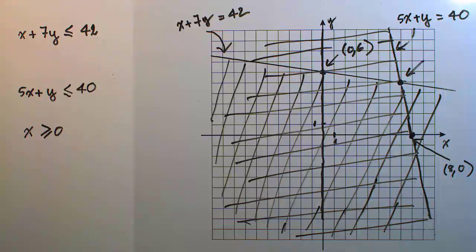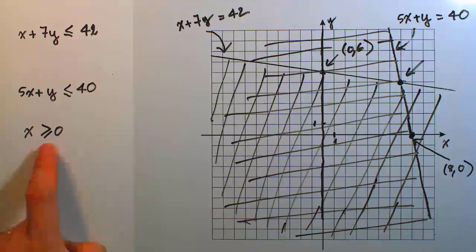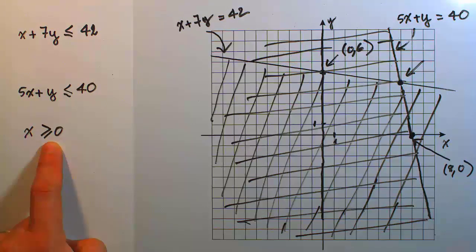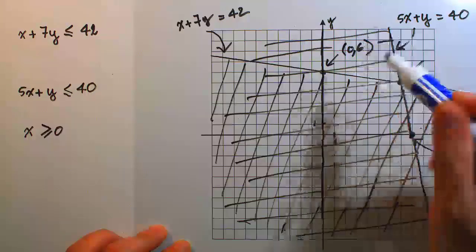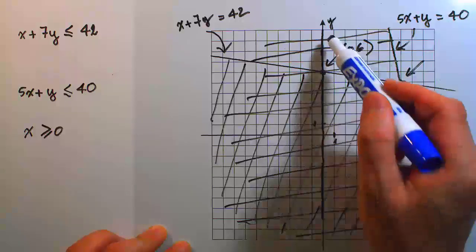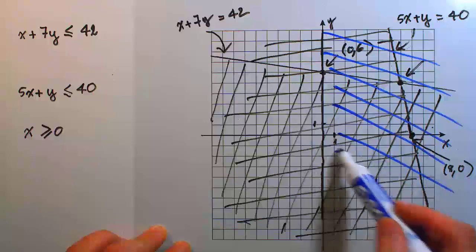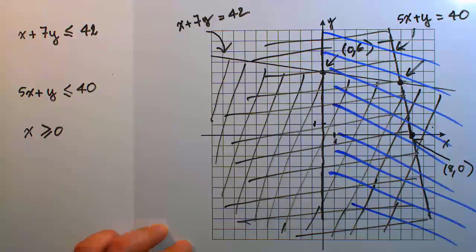So now to make a shade that satisfies x greater than or equal to 0, and of course we're including the line again, I am going to use a blue marker with a shading that stays to the right hand side of the graph. And of course it's just the way it is, that when we have a lot of shadings blended together, the picture starts to become a little hard to recognize.